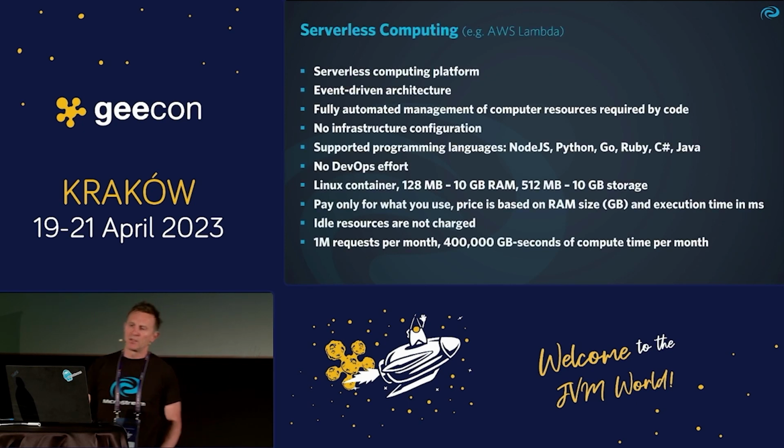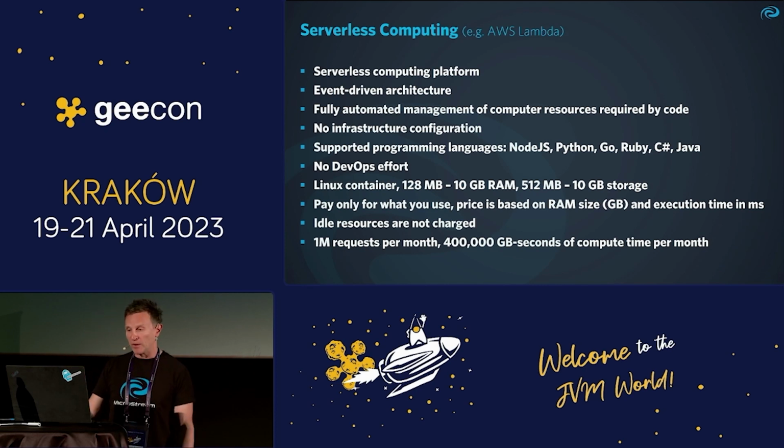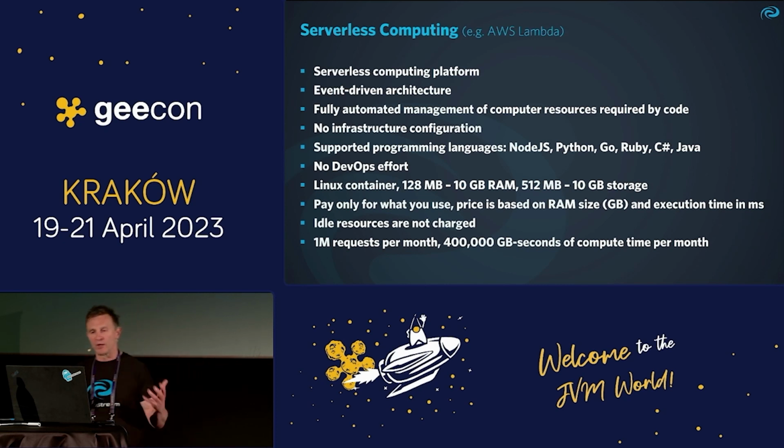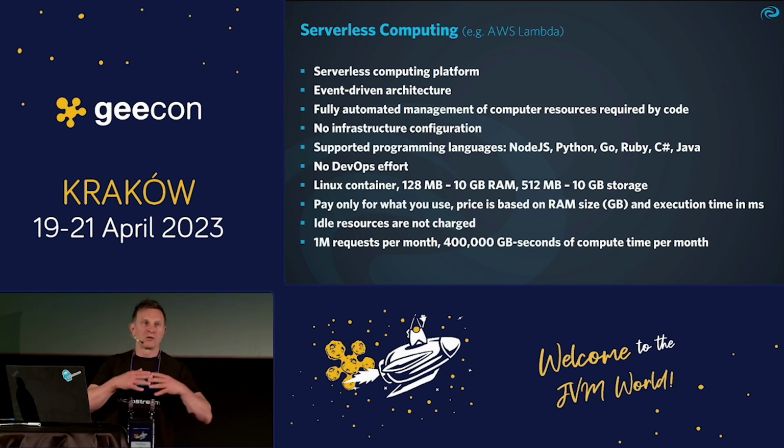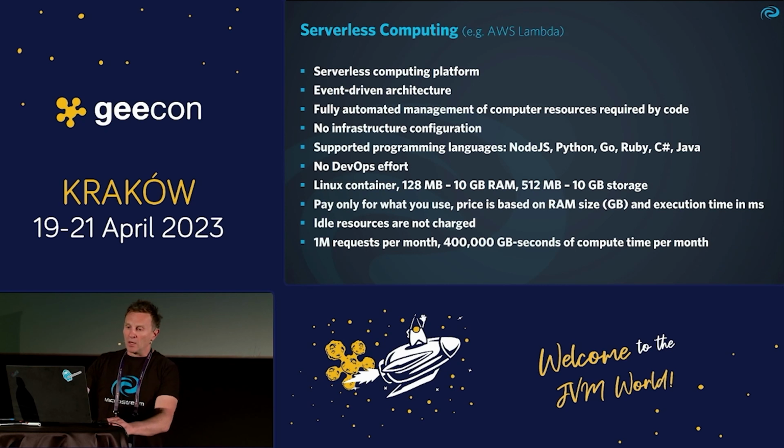For instance, AWS Lambda is a serverless computing platform. It's event-driven, which means an event triggers a serverless function and executes your function. After executing your function, it shuts down and goes to sleep again, and you don't have to pay anything. You just pay for what you use.